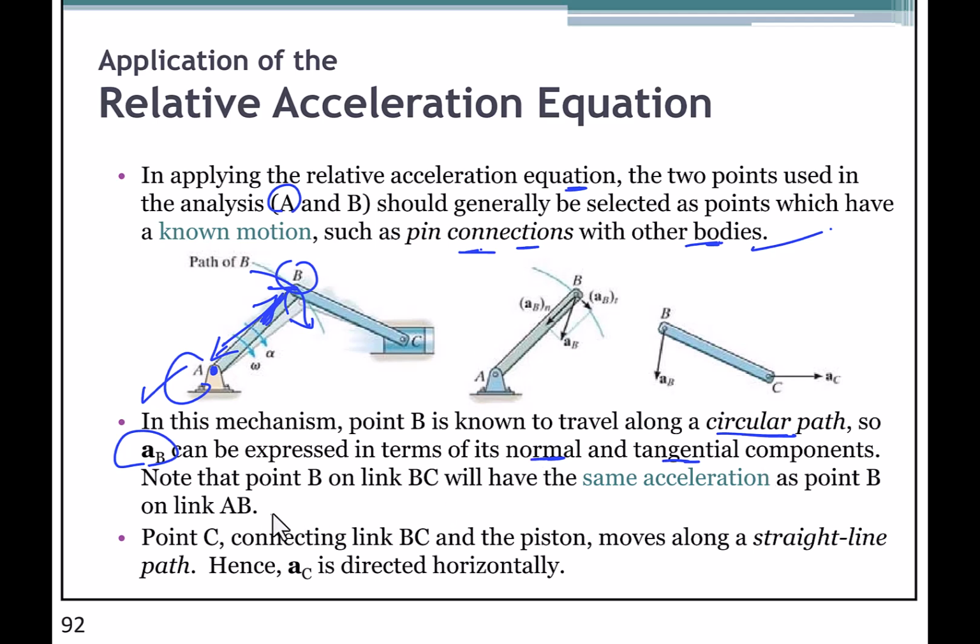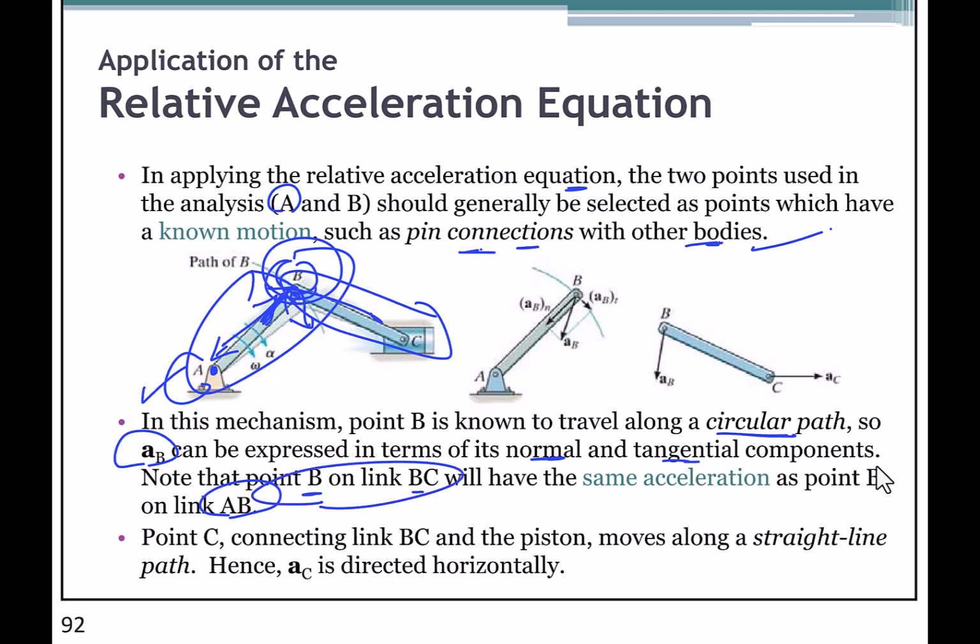Note that the point B on the link will always have the same acceleration as point B on the AB link. So I can take it from AB and use the same value for BC. This will have the same acceleration as this point.